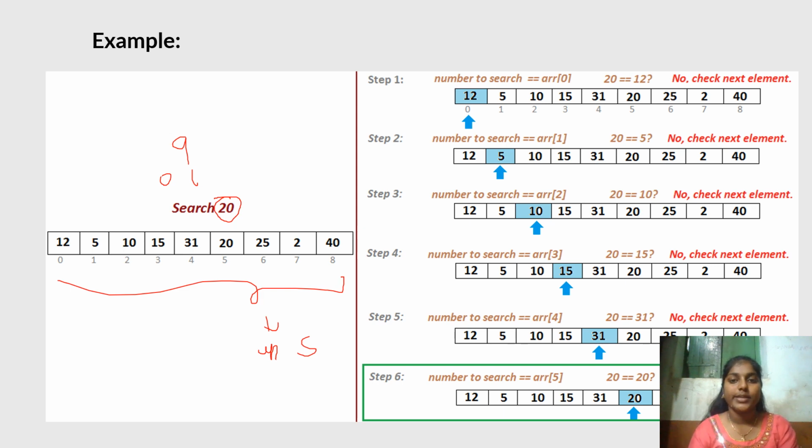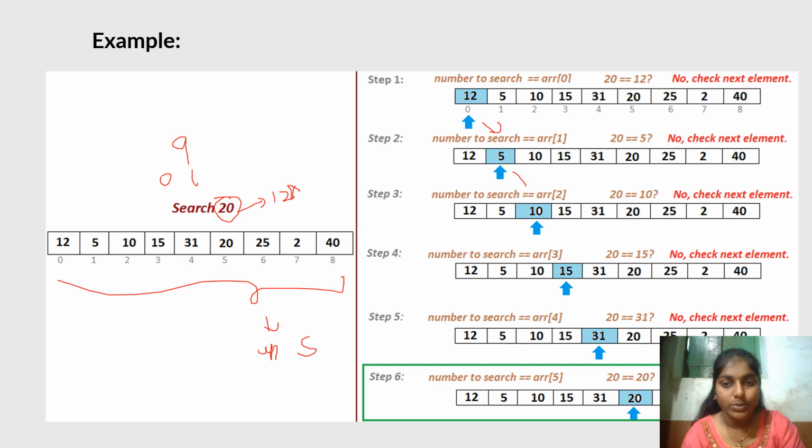Now we are going to see that 20 is compared to 12 first, and they are not equal, so it is wrong. And then next it is compared to 5, and they are not equal, it's not the element.